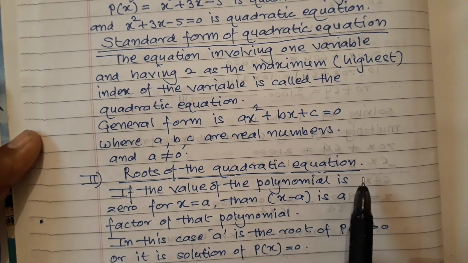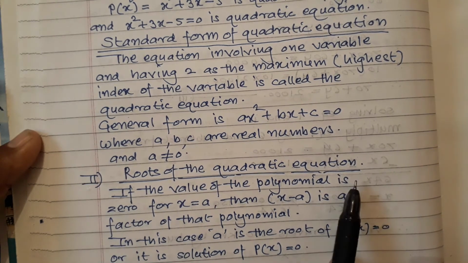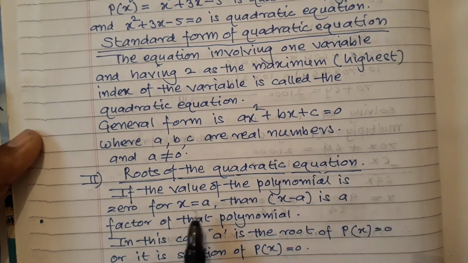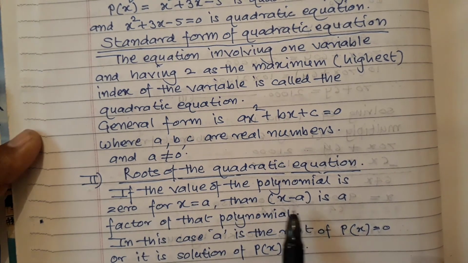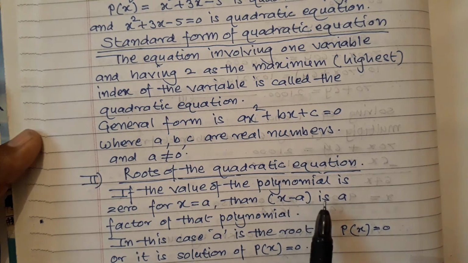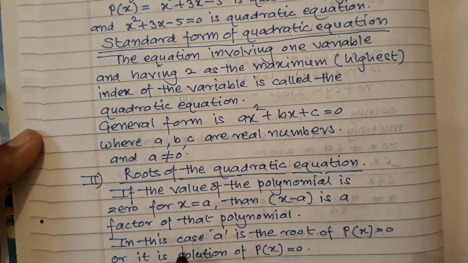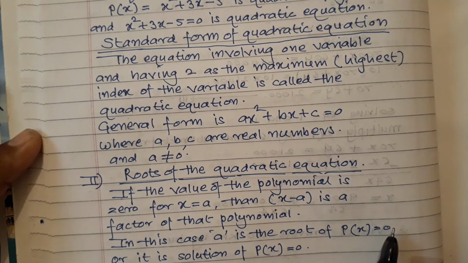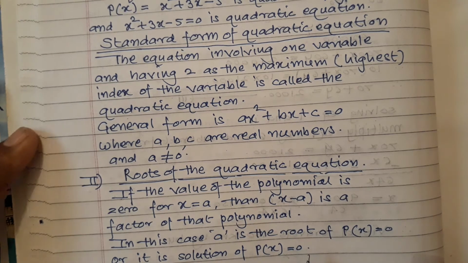Suppose one polynomial is given, and suppose for x equal to a, if you put x is equal to a, the value of the polynomial is 0, then remember, x minus a is a factor of that polynomial, and in this case a is a root of p(x) is equal to 0, or it is a solution of p(x) is equal to 0.